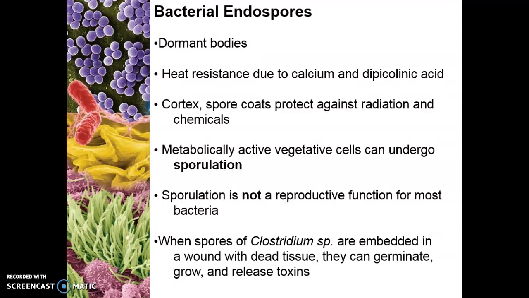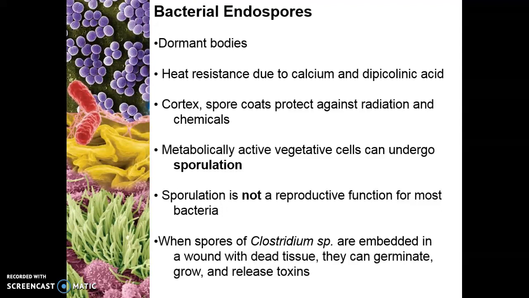These are dormant cells, dormant bodies that can survive for years, or I don't know if thousands of years is correct, but hundreds of years, centuries. They are resistant to heat, and the reason is that the outer shell of the endospore is filled with calcium and dipicolinic acid, which makes the endospore very strong, resistant to the heat and to very dry conditions.